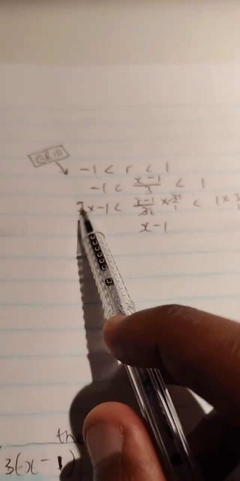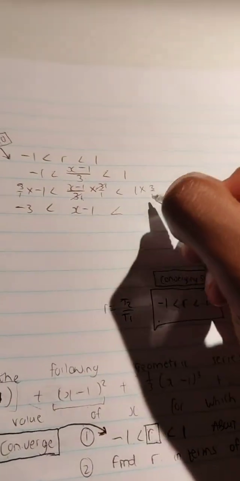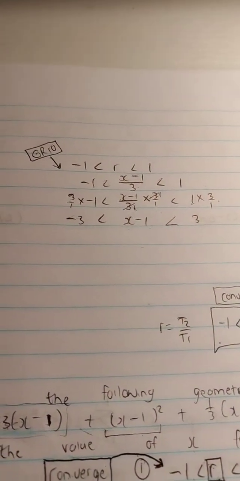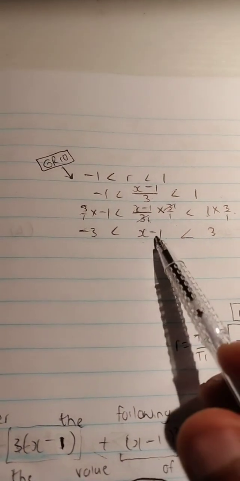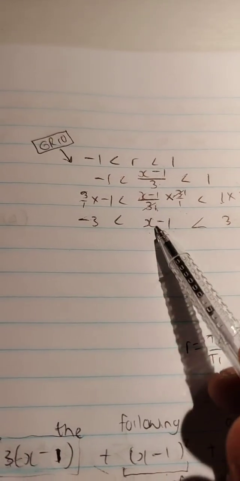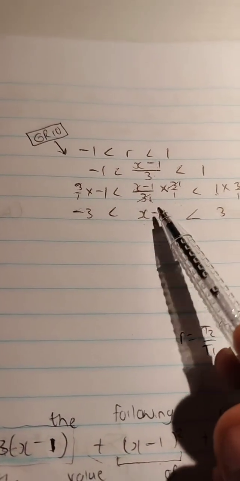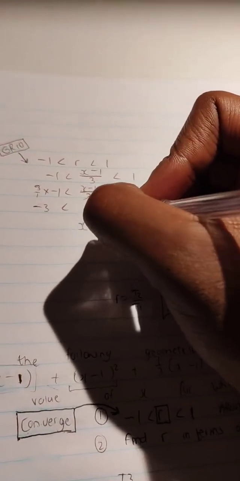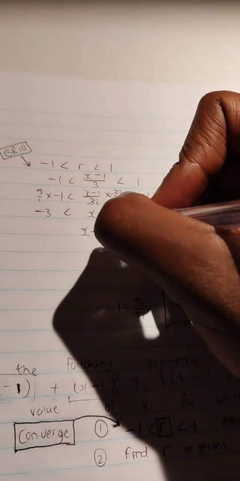What happens this side? What's 3 times negative 1? Negative 3. What is 1 times 3? It is 3. We're getting close to the answer. Now, what's the next thing we need to do? Get rid of negative 1. How do we get rid of negative 1? We use what we call the additive inverse.